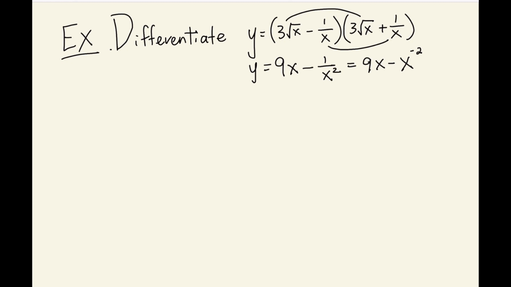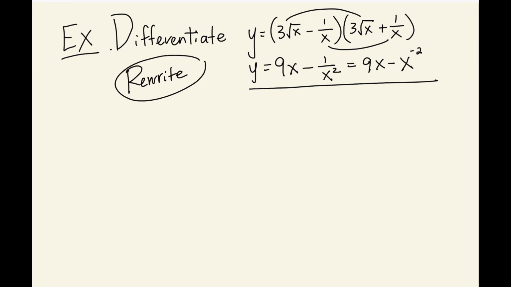So I haven't taken any derivatives, I've only rewritten the function, but the key here is that we shouldn't just immediately jump to the product rule, because it can be a time-consuming rule to use. We should first see if we can rewrite the function somehow in a simpler form that would make the derivative easier to take. And in this case, that is the case.